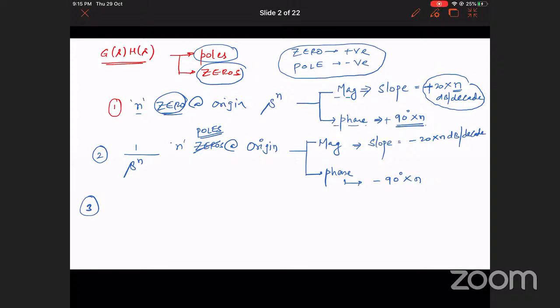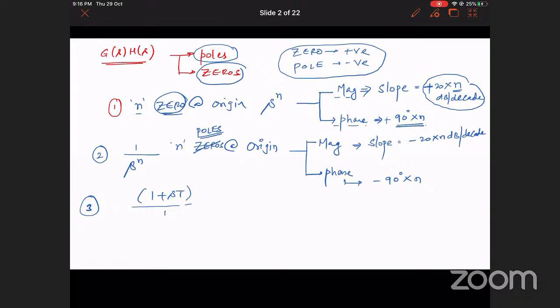So if you look at simple zero, it would be in the form of 1 plus sT. How do we get that form? Don't worry, I'll definitely explain that. Just now you can see I have written this in a ratio form. So it is present in the numerator.